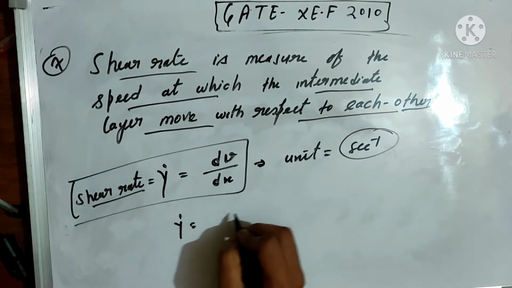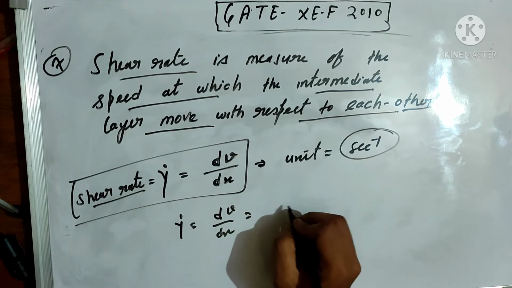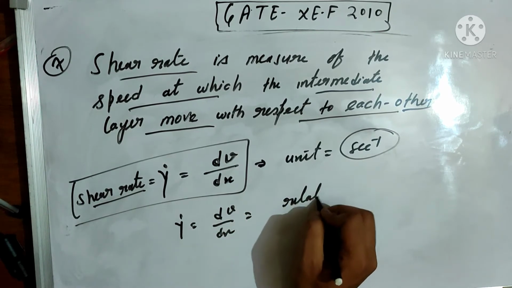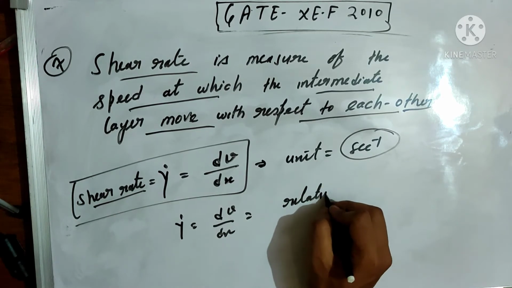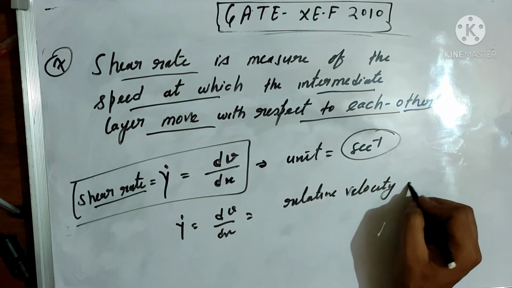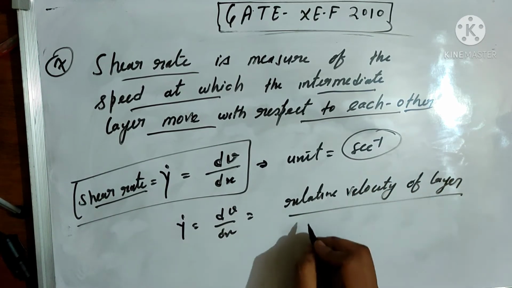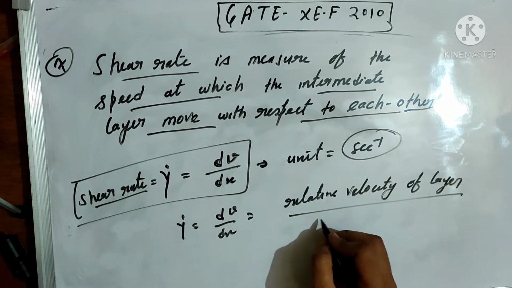So shear rate is equal to dv by dx, which is the relative velocity of the layers divided by the relative distance between the layers.